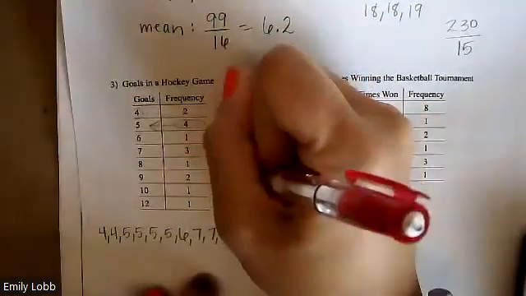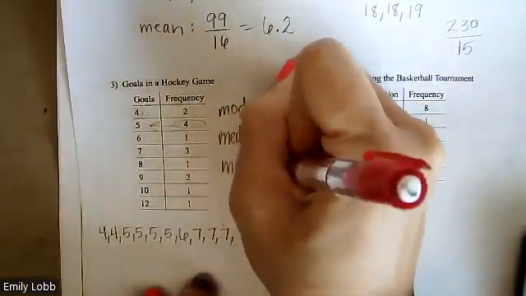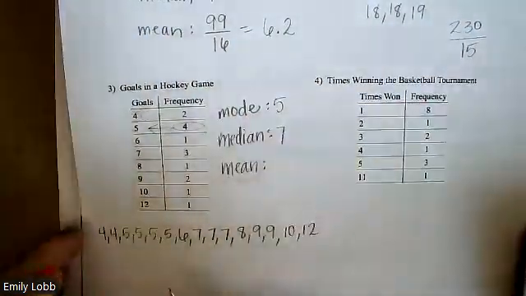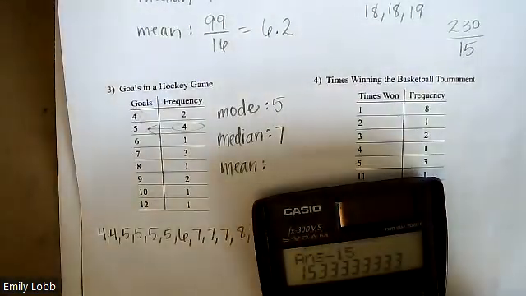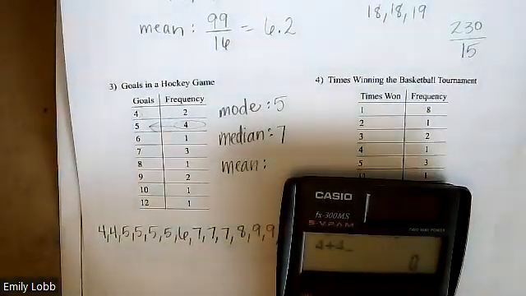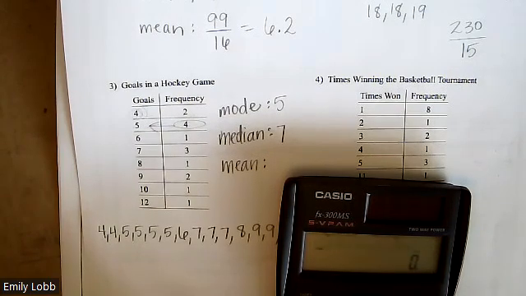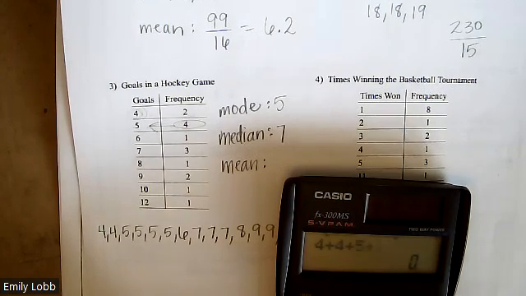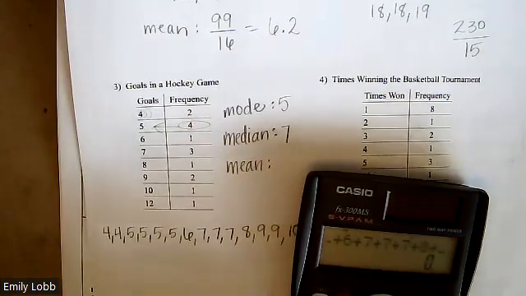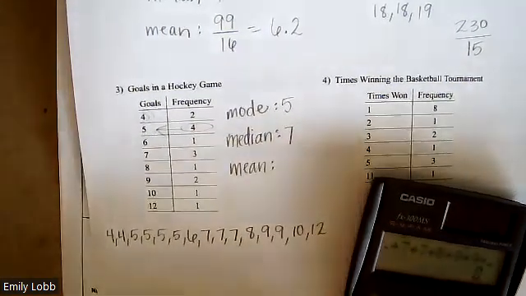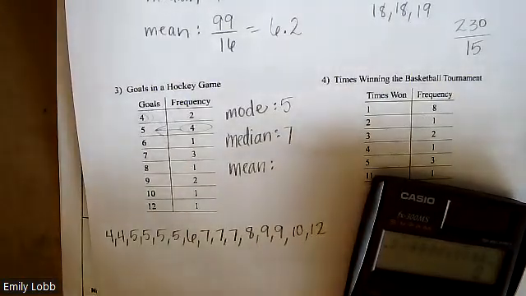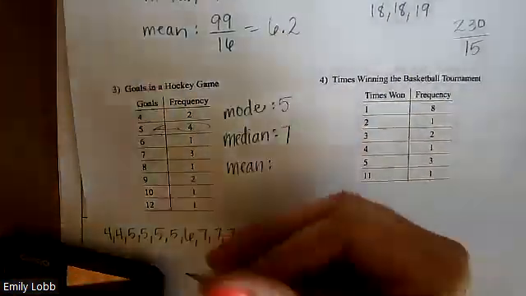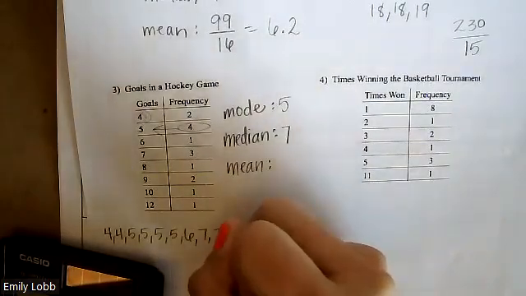We add and divide for the mean. So again, I'm adding these all up. Oh shoot, or clearing it. All right, when I added them, I got 103.